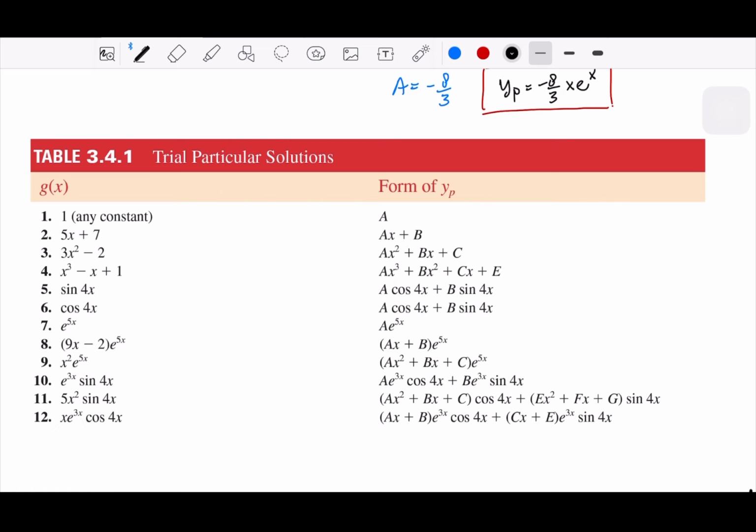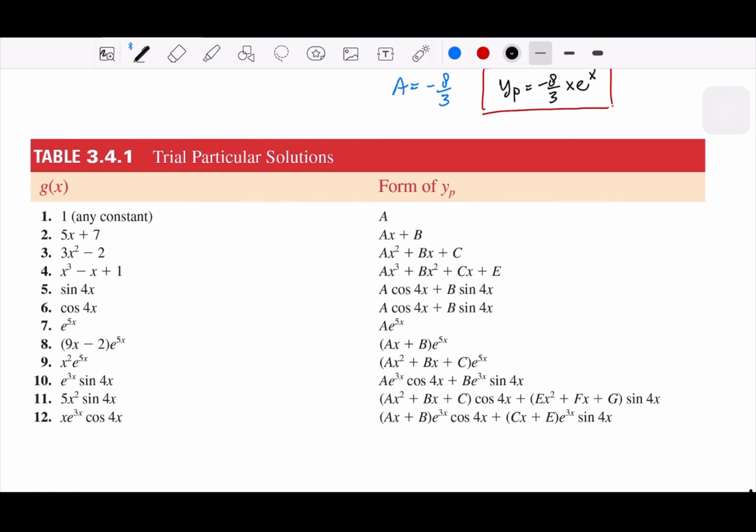And when you have the x squared, e with power of 5x, then you will have a quadratic. Remember, we need to write the polynomial with complete coefficients. Although this is just x squared, we need to write our assumptions, our predictions with complete coefficients with bx and c. We need to include all of that.